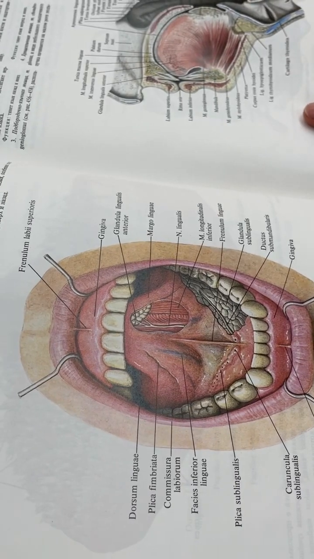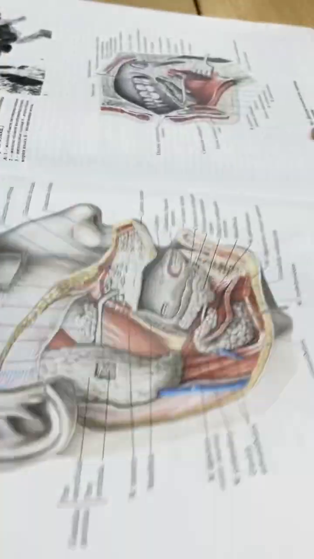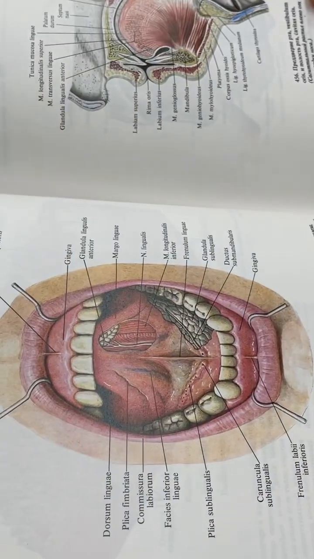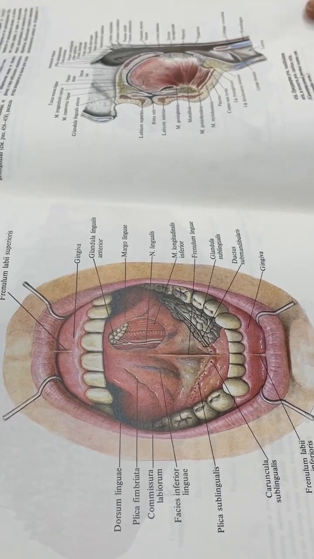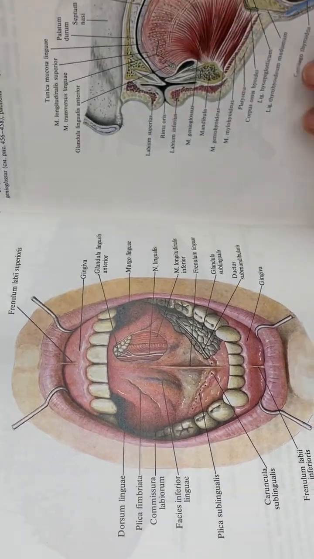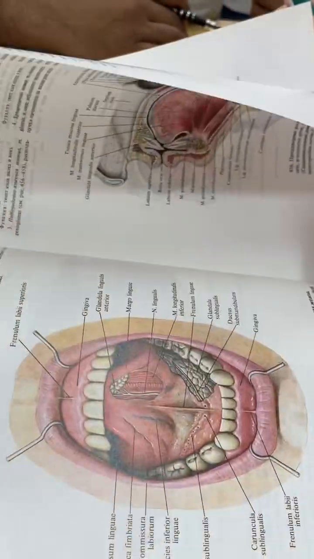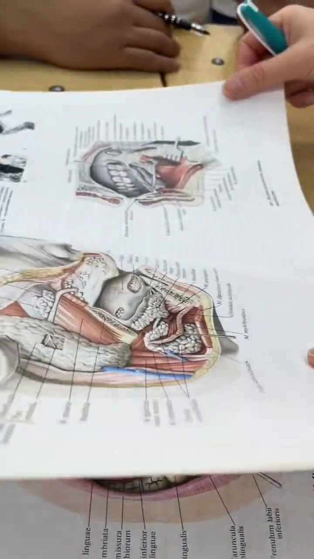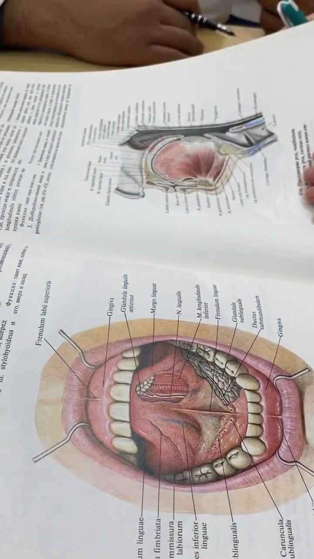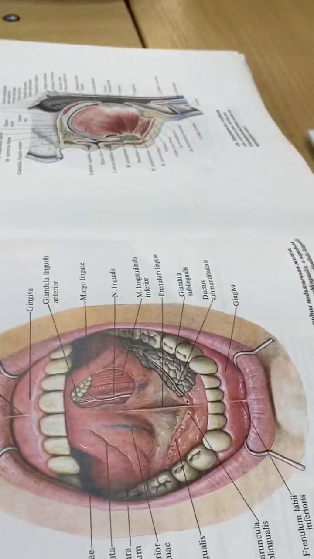Now what? Palate, the upper wall of the oral cavity. So palate has basis which is formed by the bones, as we know. Let me see here. Okay.